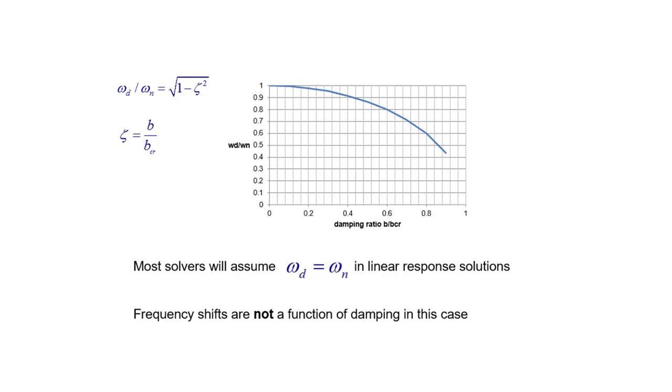Linear dynamic analysis assumes that we don't get that shift. We simplify the equations. So anything above 10%, and certainly if we go to say 20%, this is all percentage critical damping, we should really be running a nonlinear analysis. Again, maybe another talk on damping would be a good talk, or come along to the dynamics course.